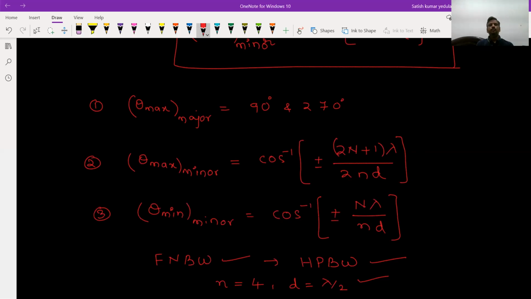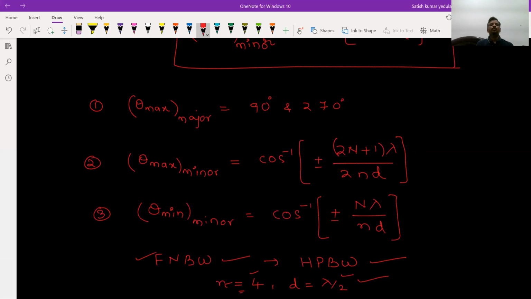In the continuation lecture to the n-element broadside array case, I'll be finding this broadside first null beam width along with half power beam width, and also I'll draw the radiation pattern for a 4-element array. Separation is lambda by 2.